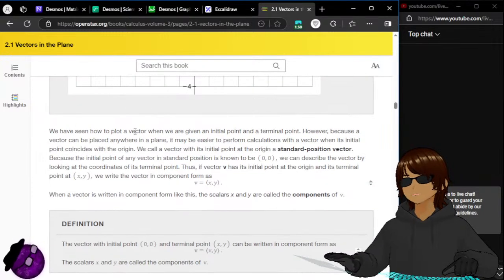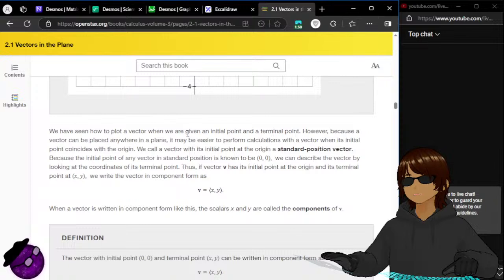We have seen how to plot a vector when we are given an initial and a terminal point. However, because a vector can be placed anywhere in the plane, it may be easier to perform calculations with a vector when its initial point coincides with the origin. We call a vector with its initial point at the origin a standard position vector.